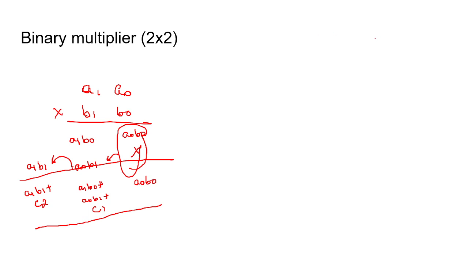First, let me take this line A0. I need an AND gate, so I will perform A0 and B0. I will directly get this result as 0.